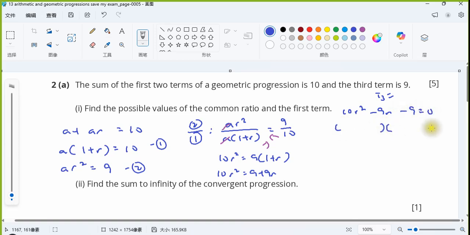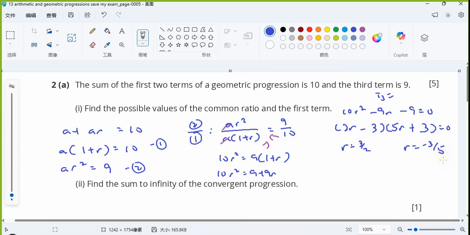And we do the factorization here. Then we have 2r, 5r, 3 times 3, 15, 6. So minus 15 plus 6. So r equal to 3 over 2, and r equal to negative 3 over 5.